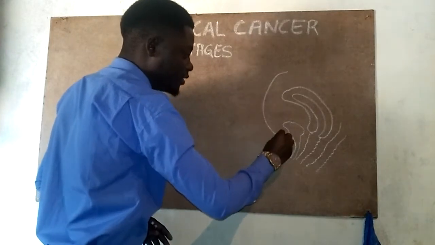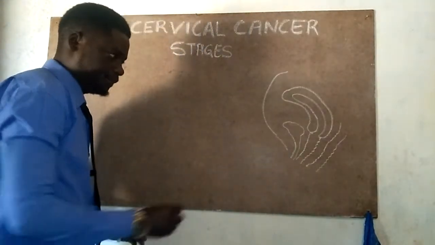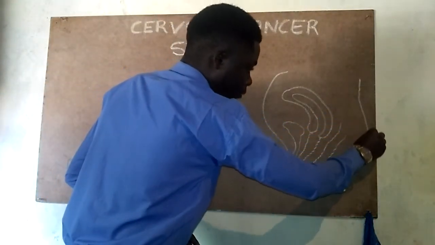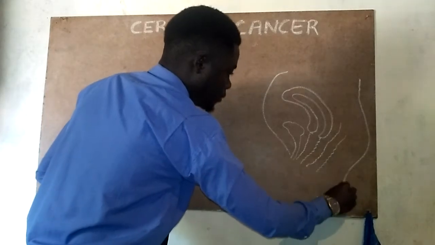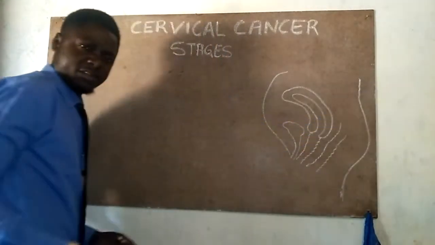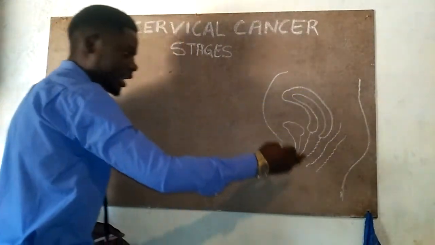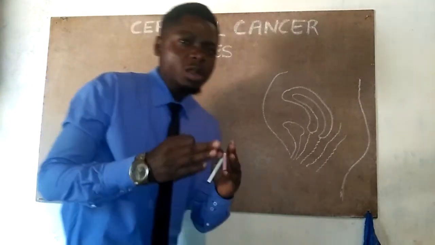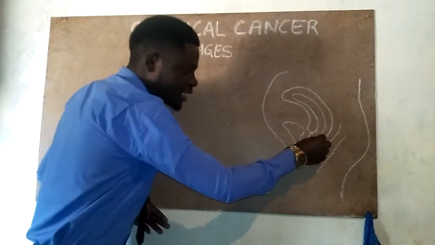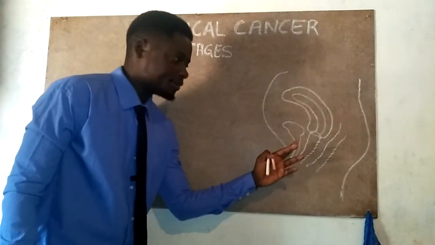So here is the female genital tract in side view. There we have the five vertebral bones, the sacrum, the iliac, and we want to talk about the side view of the cervix. We imagine that this is the cervix, because cervical cancer is cancer of the cervix.